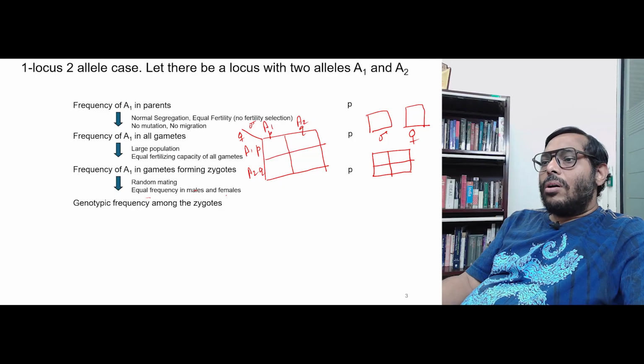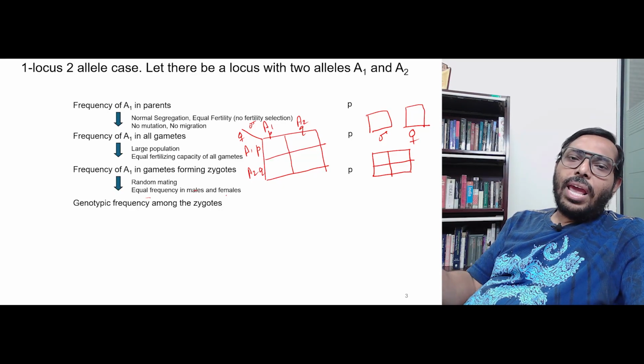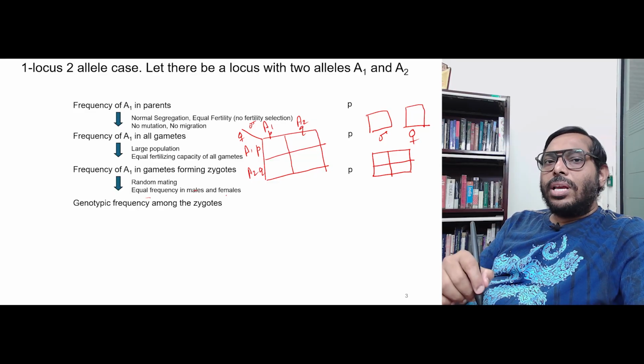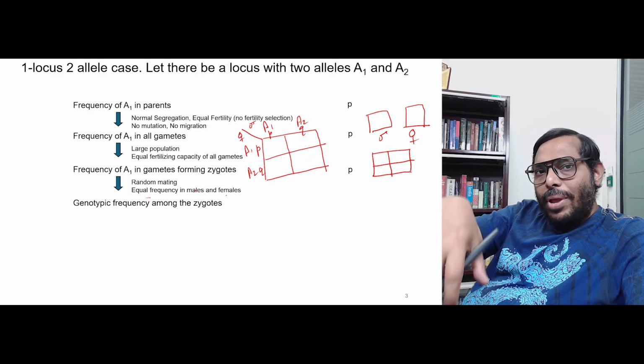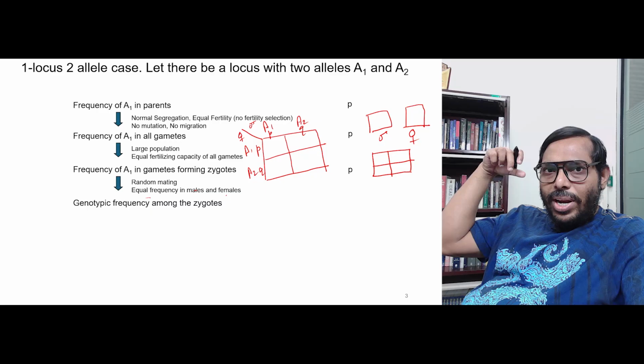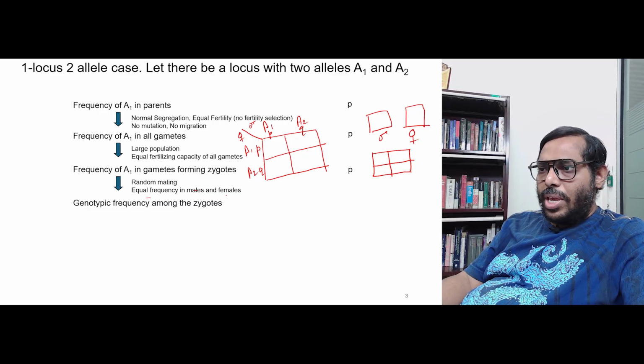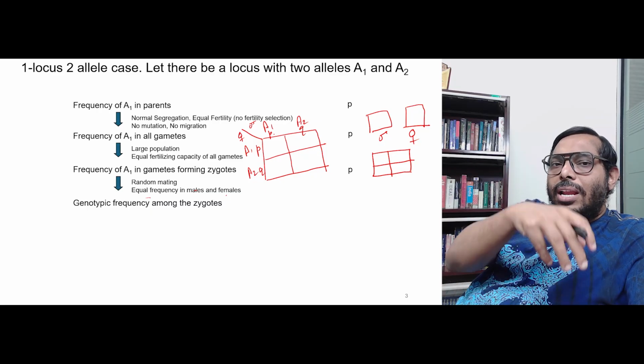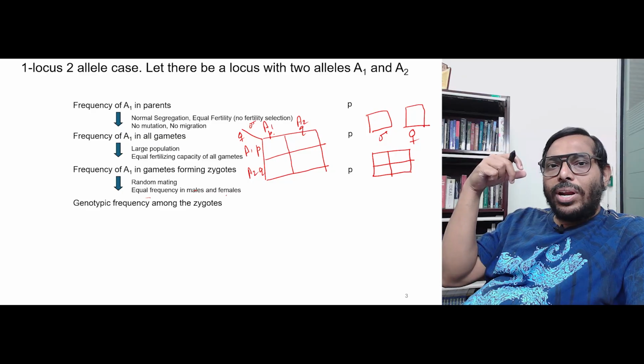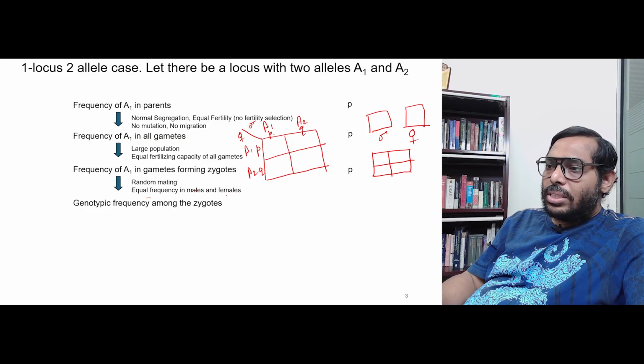Now, what is the probability of an offspring being A1 A1? The probability is putting your hand in the male bag and pulling out an A1 gamete, the probability for which is p, and then putting your hand again in the female bag and pulling out an A1 gamete, the probability for which is again p.